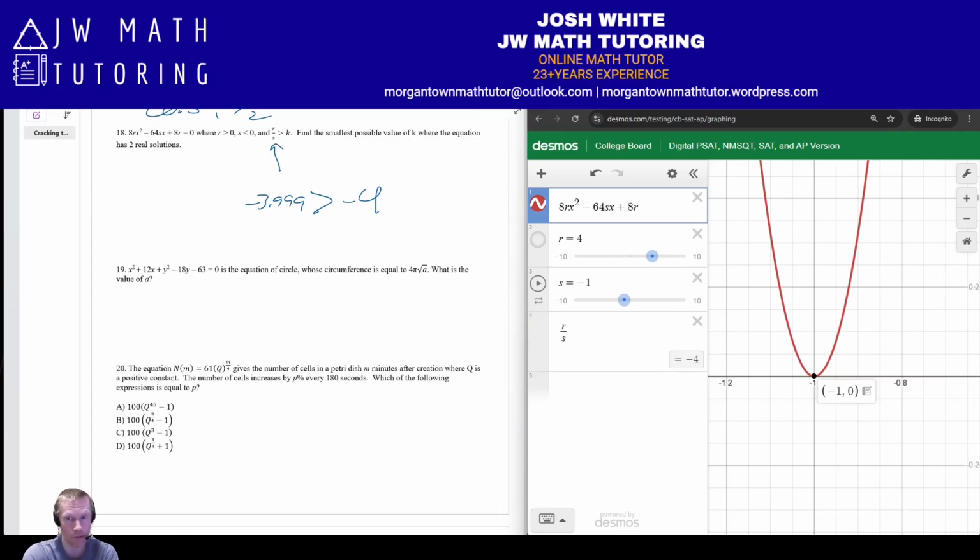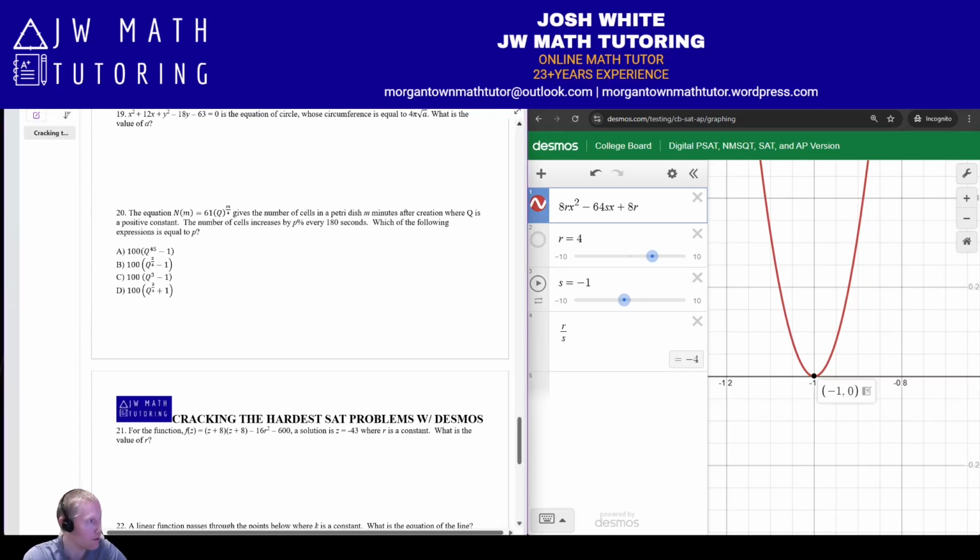So in this problem, the K value is basically the value such that when I move these sliders, I get exactly one real solution, because I'm looking for the smallest possible value such that there are two real solutions. So the value that gives me one real solution, that's your floor, that's your answer.